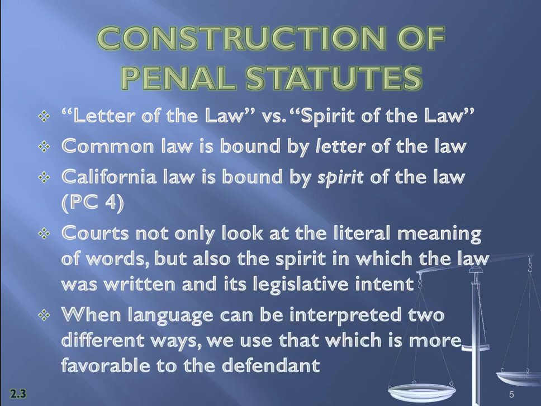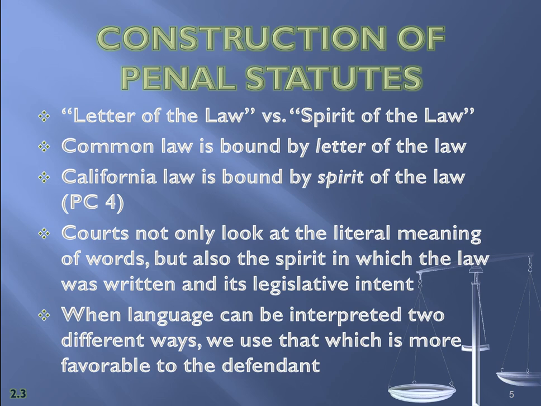Now, when we talk about the construction of penal statutes, we're talking about not necessarily how they're made, but kind of how they might be classified. Okay, and the California legal system is in part based on the English common law system.